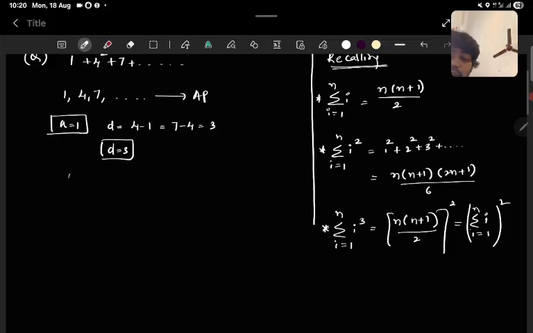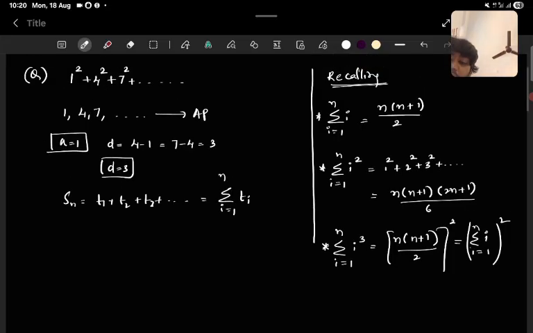Now we know that sum of n terms is nothing but term 1 plus term 2 plus term 3 and so on. We can write it as summation Ti, where i is starting from 1 to n, and we don't know how many terms are there, so we are taking it as nth term, right beta? Now observe it. First we have to find what is Tr. Tr is nothing but a general term.